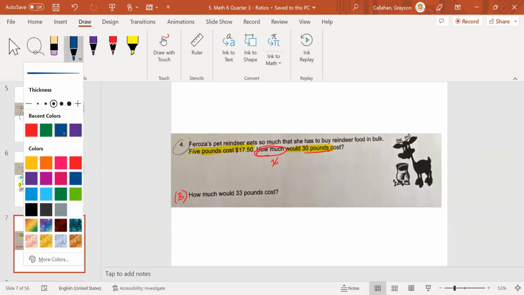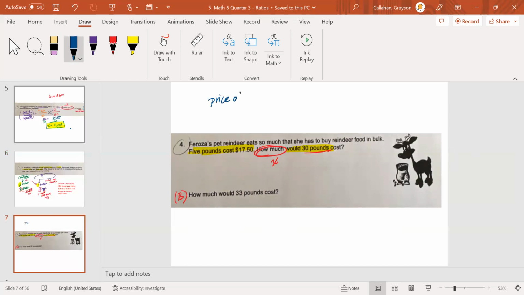So then what we're going to do is start off with your ratio relationship, right? The first one is price of reindeer food, and I spell reindeer with an A instead of an E. That's on top, right? What do you think the bottom's going to be?